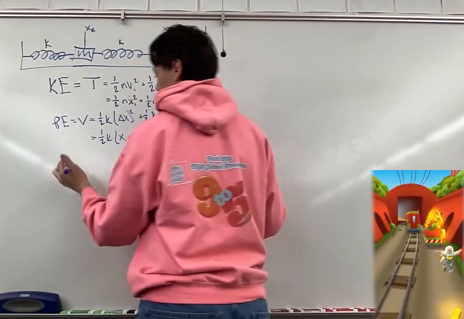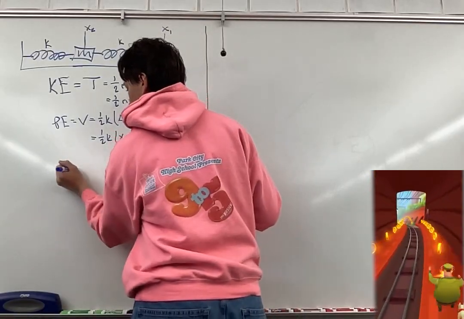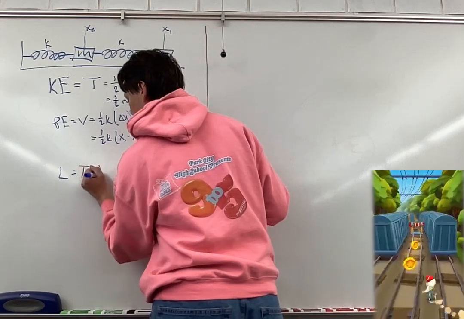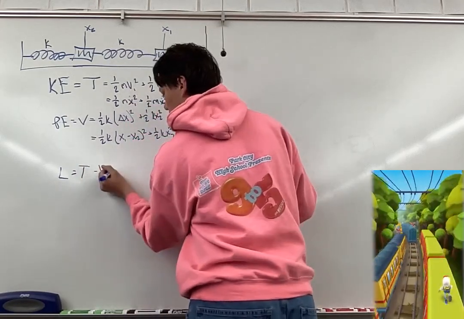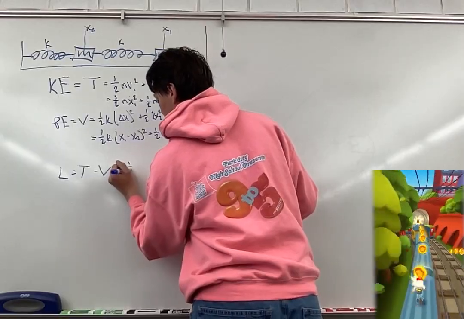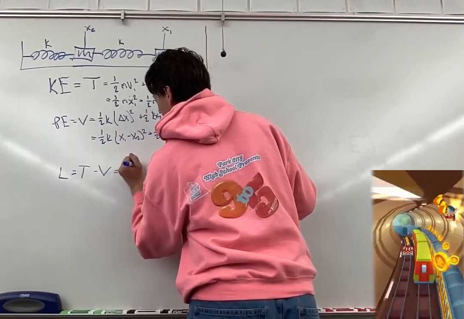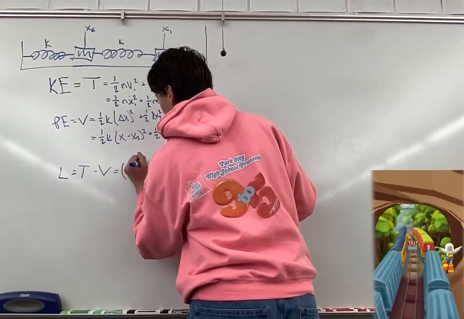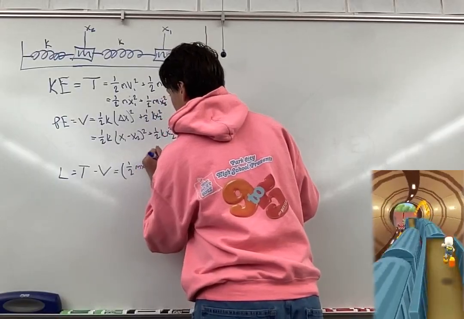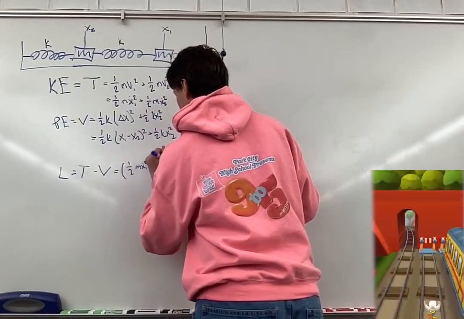And then we can find our Lagrangian, which is equal to T minus V, which is equal to 1/2 m x dot 1 squared plus 1/2 m x dot 2 squared.